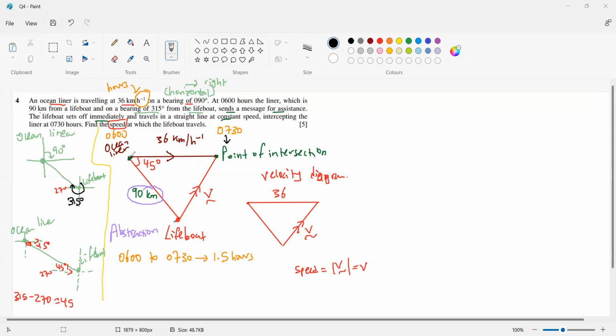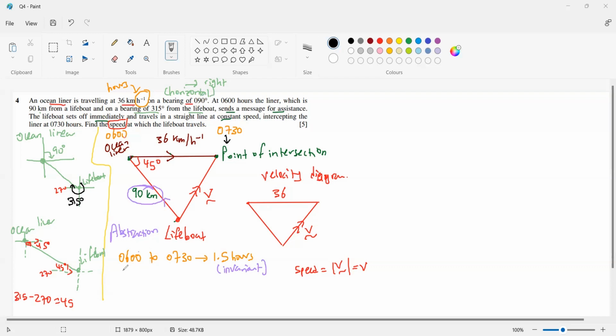Then we're talking about a relative velocity. Within the same time, time is the invariant, it doesn't change. Within the same time of 1.5 hours, if the lifeboat had traveled at 90 kilometers per hour towards that ocean liner, that is the relative velocity, because all are happening in the same time. That links the whole diagram and keeps it fixed.